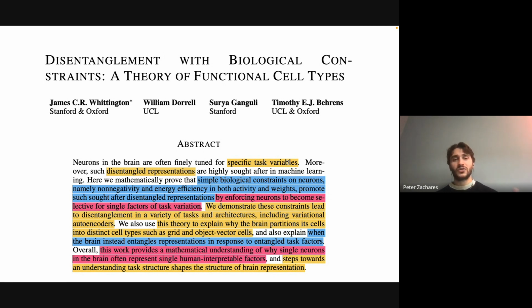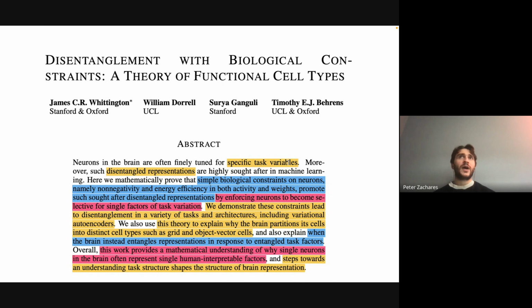And a disentangled representation is one where the specific, we'll call them neurons now. So, like I said, a model has multiple layers, and each layer has a set of neurons, which are just the outputs of that layer. Because each layer outputs a vector, and each neuron is one of the dimensions of that vector. So what you want is that the output of each neuron is something both interpretable and specific, like a specific task variable.